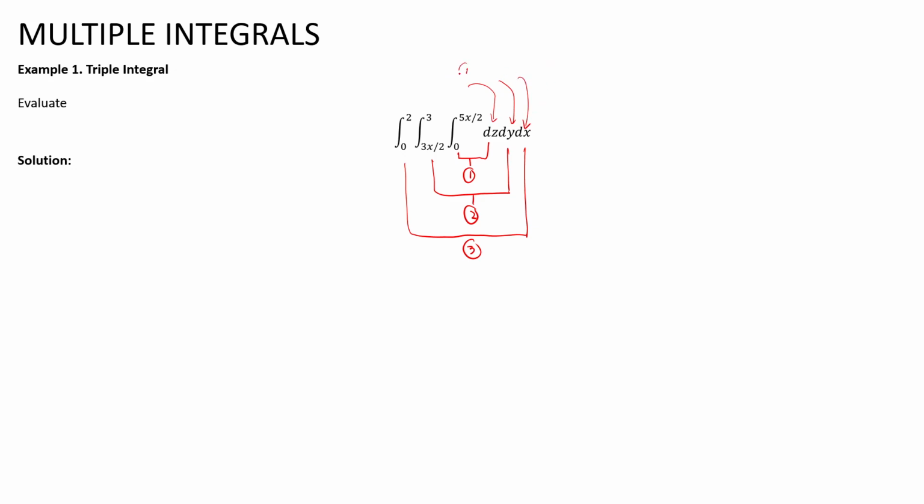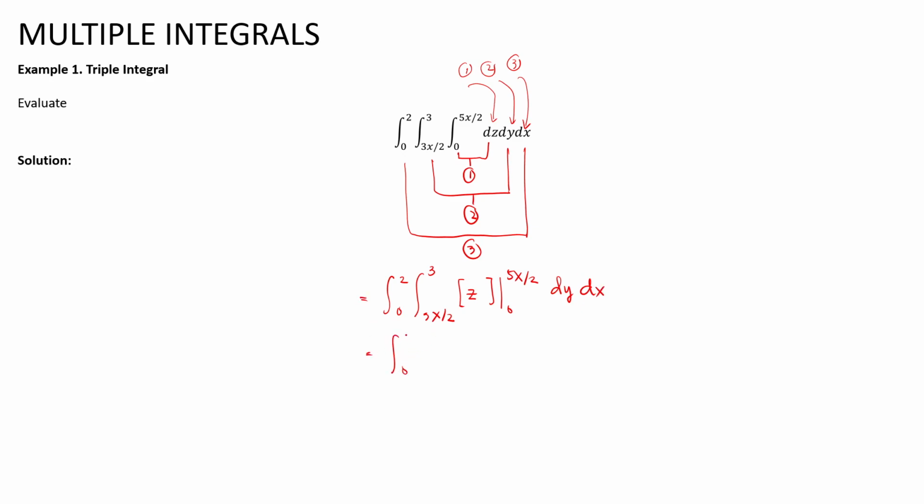So that's the order. The first integral will give you z, from 0 to 5x over 2. Then dy dx.